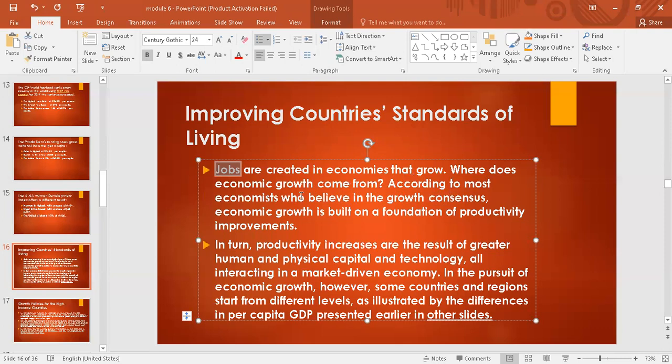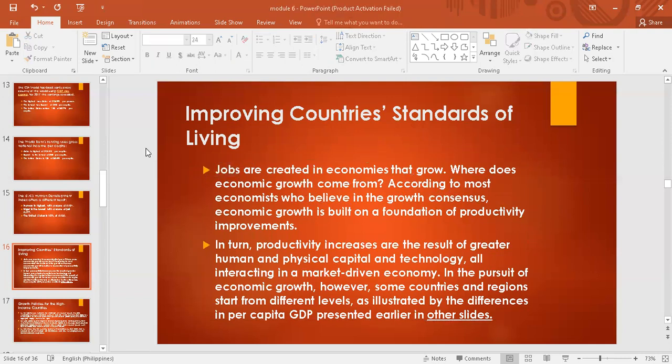Kaya nga po meron tayong isa sa mga economic goals ay ang pagpapababa ng unemployment. Kasi nga, if more people have jobs, they tend to have income. And if they have income, they have this capacity to buy. May consumer spending. Okay? So, nagkakaroon ng productivity and consumption.